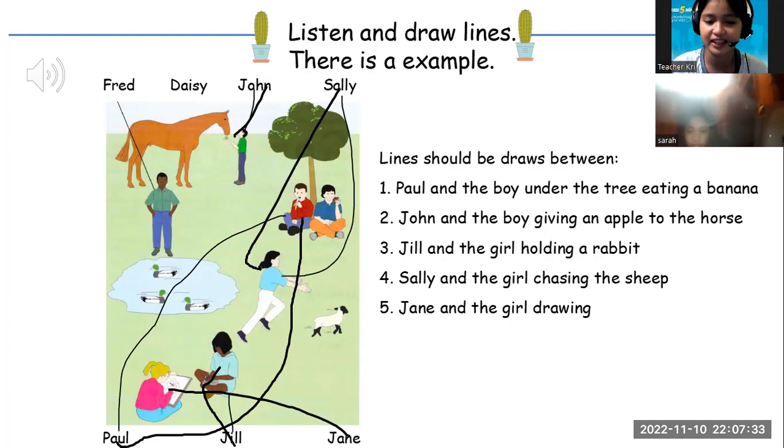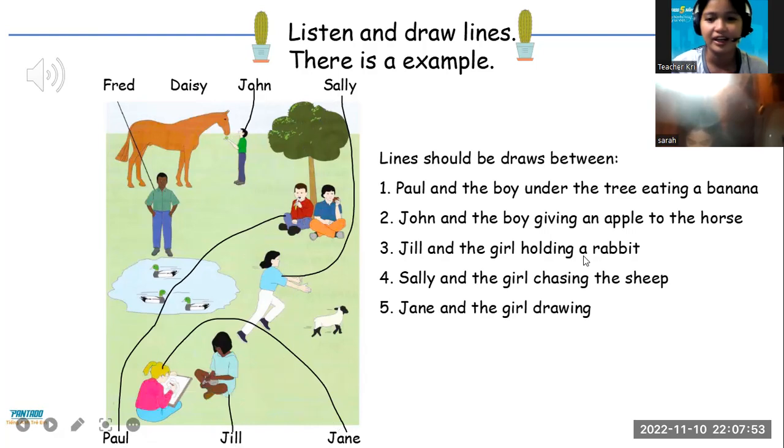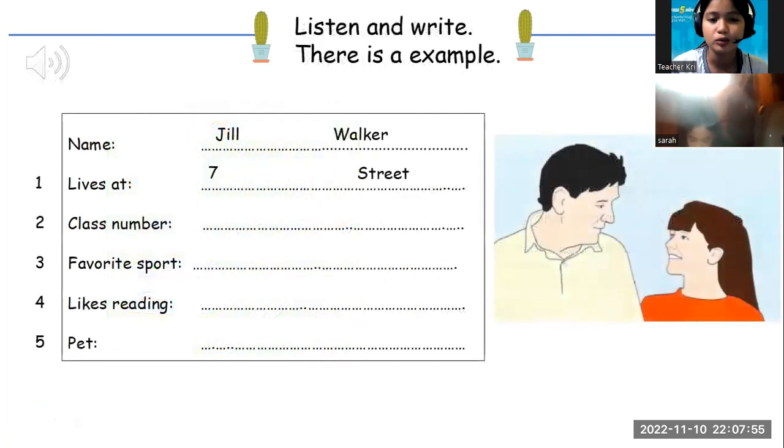Okay, that's right. And for number 5, Jane is the girl who is drawing. So for this activity, you've got a perfect score. That's good. You're really listening well. Now let's move on to Part 2.